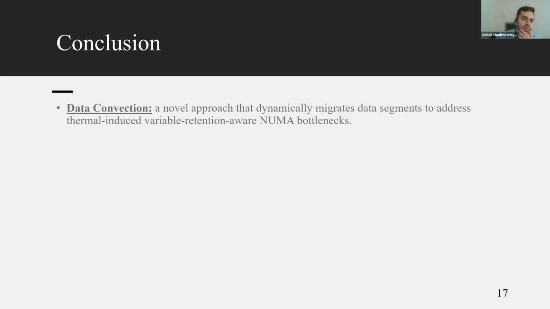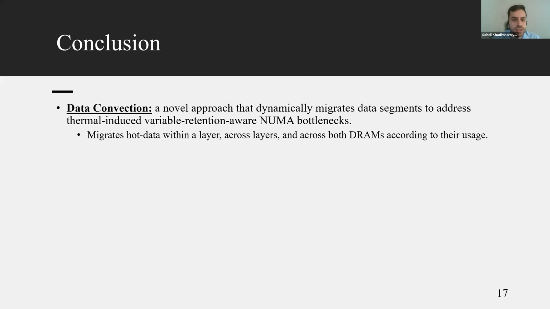To conclude, in this work we propose data convection, a novel approach that dynamically migrates data segments to address temperature variability across DRAMs. We migrate hot data within a layer, across layers, and across both DRAMs, and we balance both bank level and channel level parallelism.